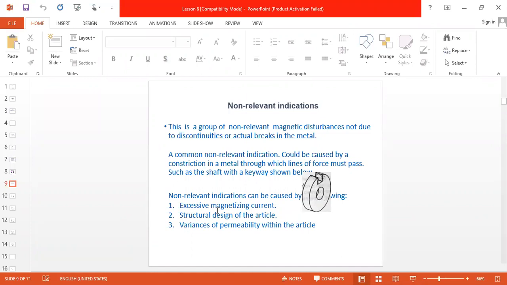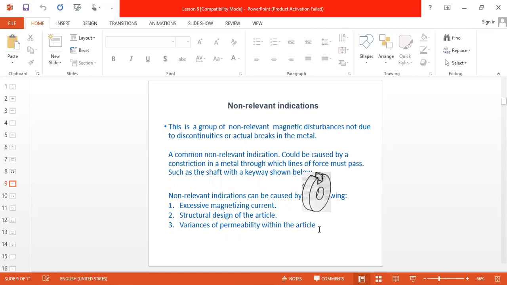Then structural design. Now see, this is the design, a different design. The line of force coming like this suddenly comes out here. Then permeability variation. Suppose sometimes we are doing cold working. In cold working, we do not get permeability uniform throughout the plate. So in some places permeability is different, in some places permeability is different.